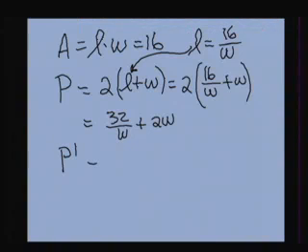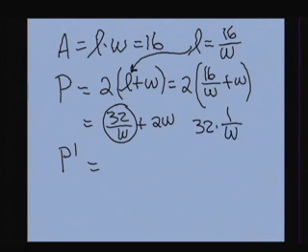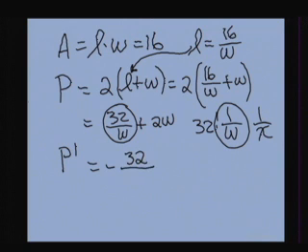P prime is going to be equal to... Off to the side here, I want to point out that this is really 32 times 1 over W. And 1 over W is just like 1 over X, and we've seen that many times. So we know that the derivative of it is negative 1 over W squared. So it's going to be, in this case, negative 32 over W squared, and then plus 2, because that's the derivative of 2W.